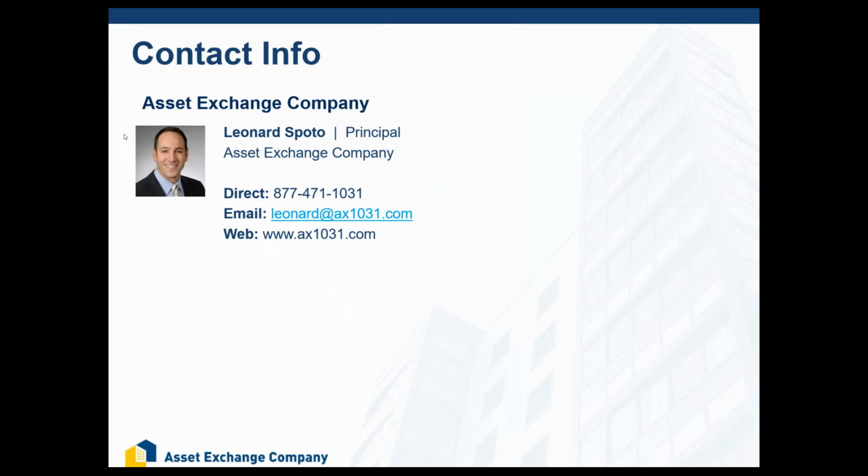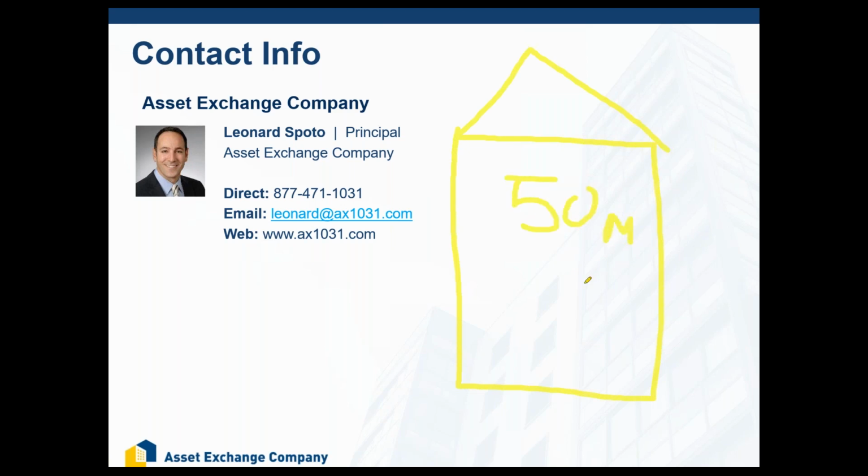Elaine says, can you discuss exchanging into DSTs? Absolutely. A DST is a way to buy into a $50 million or $100 million building. Now, I can't go out and buy a $100 million or $50 million building on my own, but through a DST, I can own a percentage, a little slice of the property.